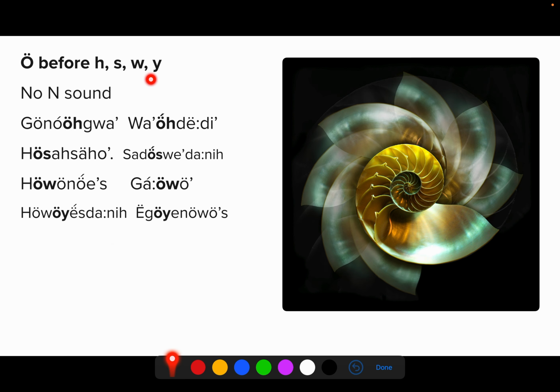Again, now these ones don't have the letter N sound. Providing examples before H: gonohqua, I love you. Wa'o dandi, she left, she got going. Hosa seho, you went another cycle. Sadoswe dani, this is the second half of that word for happy birthday.